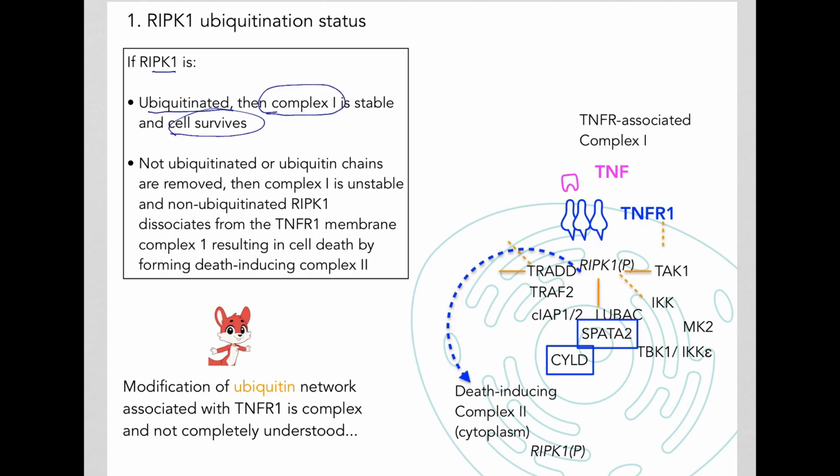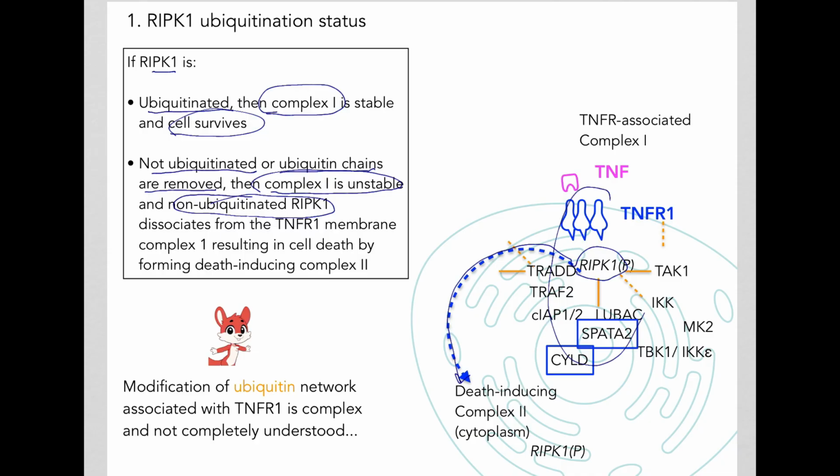However, if RIPK1 is not ubiquitinated, or if the ubiquitin chains from RIPK1 are removed, then complex 1 is unstable, and now the non-ubiquitinated RIPK1 can dissociate from complex 1, which is in the membrane.